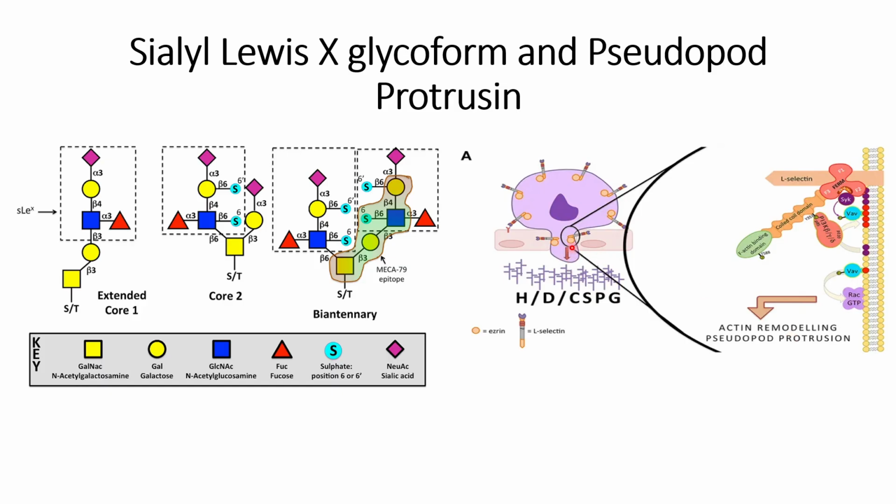This is how the interaction of Ezrin with this L-selectin causes the intravasation or extravasation of the cells. And this is one of the processes that pancreatic cancers usually go through when they are migrating from the pancreas to a secondary organ.